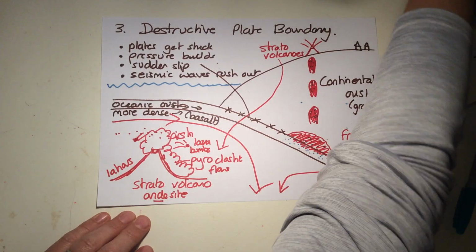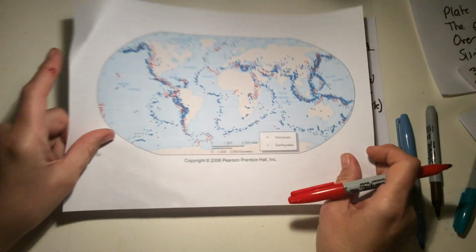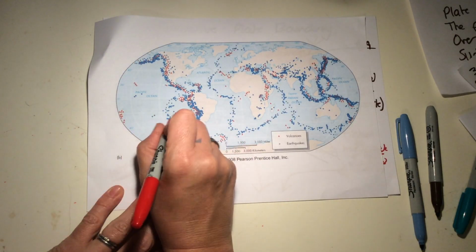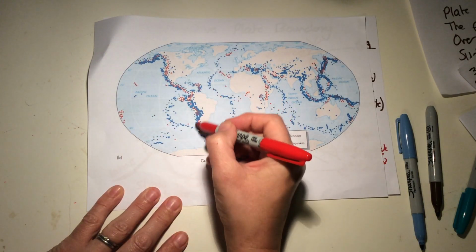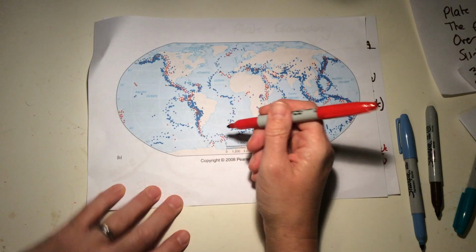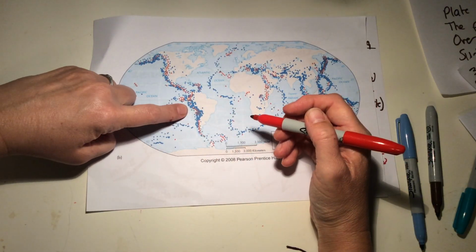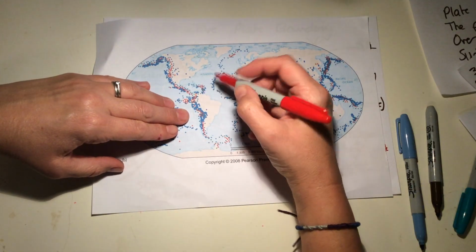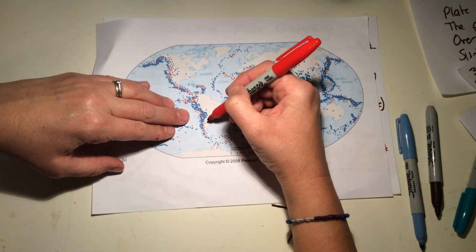Interestingly, we can link that back to our map here, because this is the Nazca plate, and the Nazca plate is going that way. This is the South American plate, which is going that way. So this Nazca plate, the oceanic crust, is going underneath the South American plate, which is land, continental crust on that side.